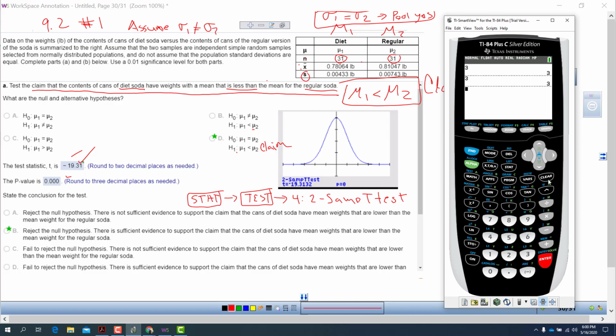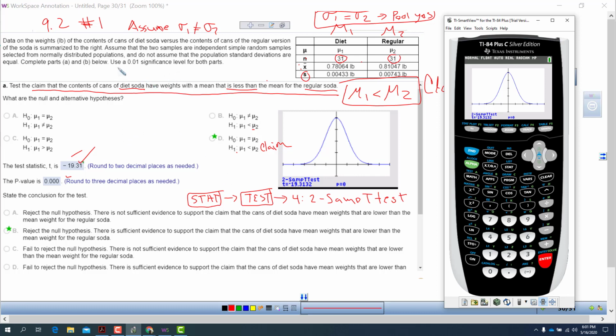Let me do it again: stat, select number 4, select draw here, and press enter. You get this shape. So we got that the p-value is 0.